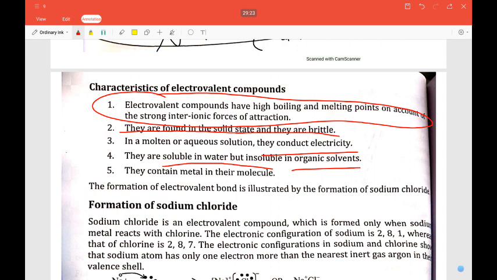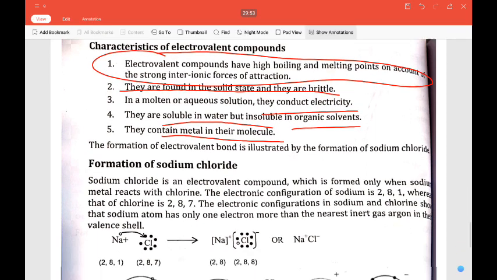Like petrol, ether, kerosene. Electrovalent compounds are not soluble in them, and they contain metal in their molecule. Why? Because they are formed by the reaction between metal and non-metal. Okay, these are 5 characteristics of electrovalent compounds.